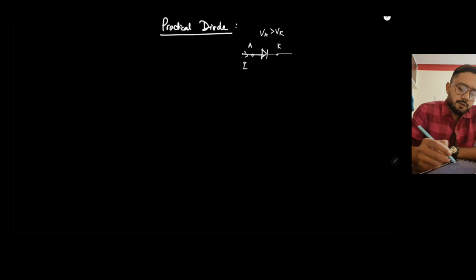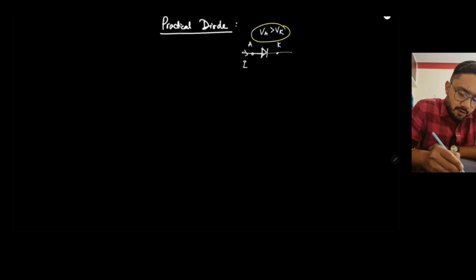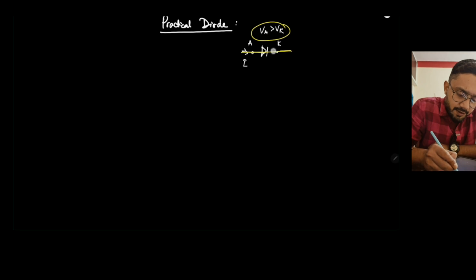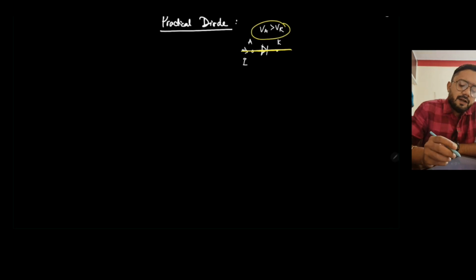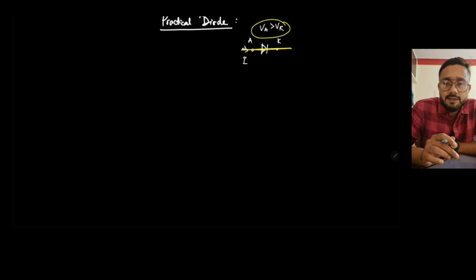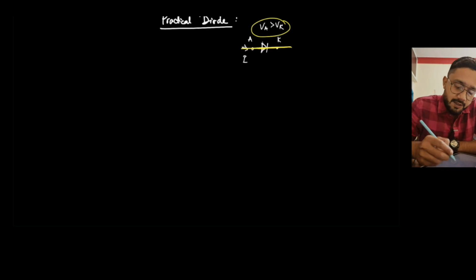Fine. So when this is the condition, it will act like there doesn't exist any diode in the circuit.